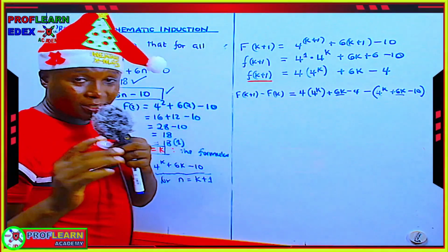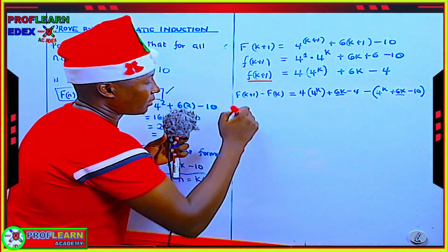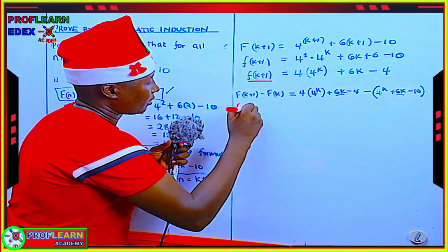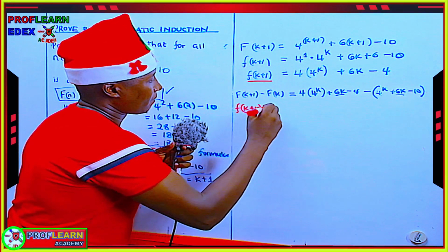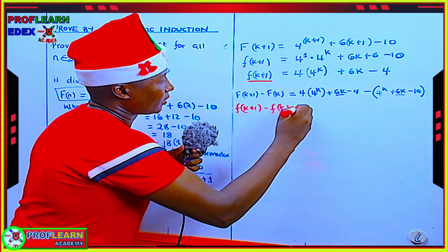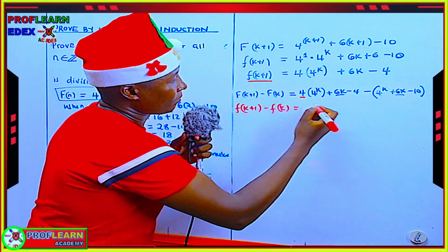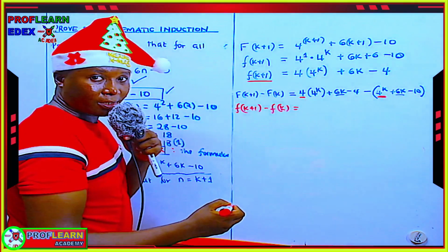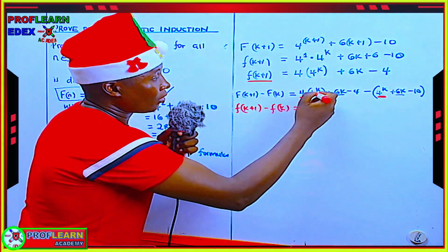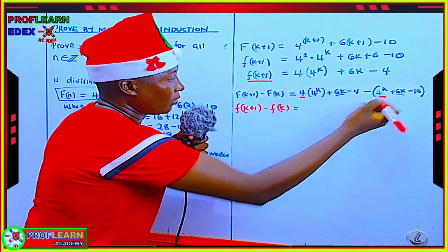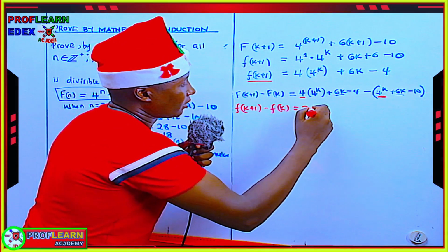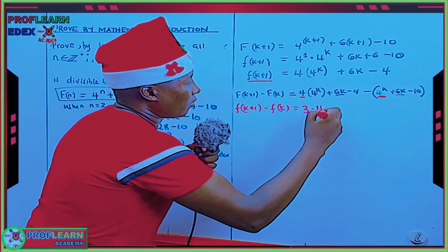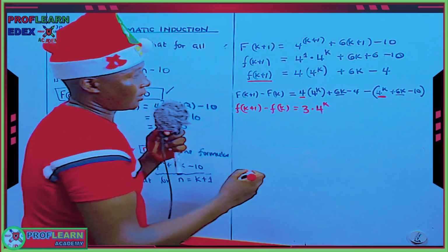Now once I've reached this point, I can say my expression will become f of k plus 1 minus f of k is equal to, this is 4 times 4 raised to power k minus 4 raised to power k, that is going to be 3 times 4 raised to power k.